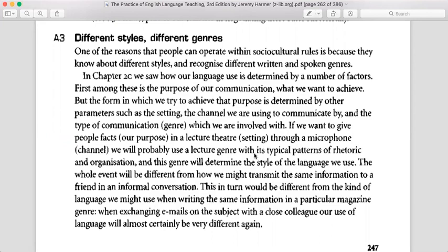So it would come with a typical pattern of rhetoric and organization, and this genre will determine the style of language. So in lectures, the language would be formal. In lectures, the language would be technical. For instance, I defined the discourse for you.